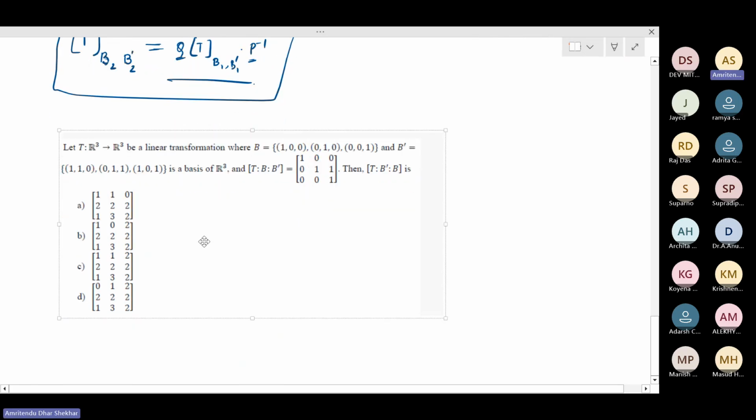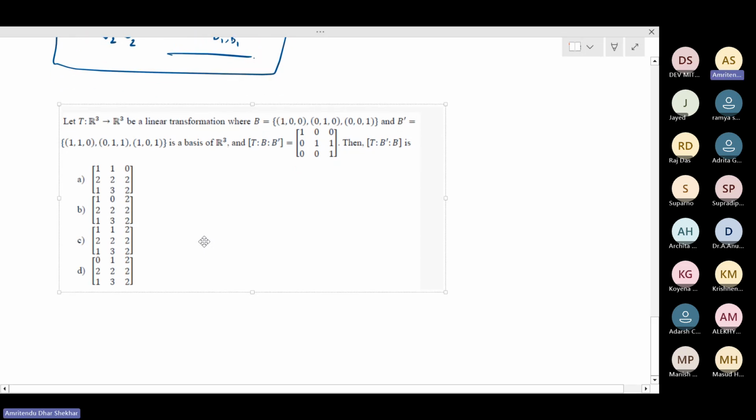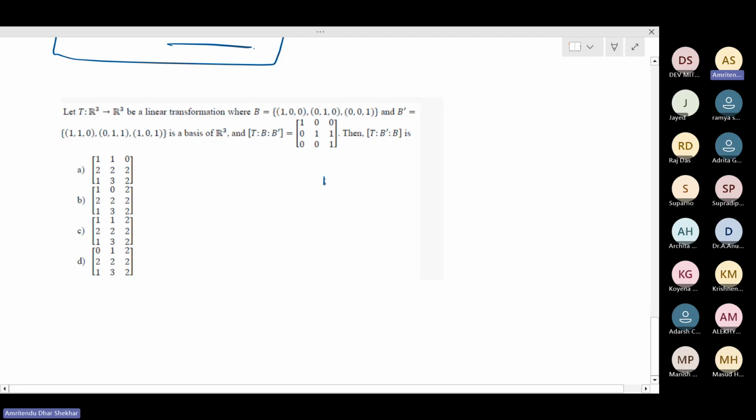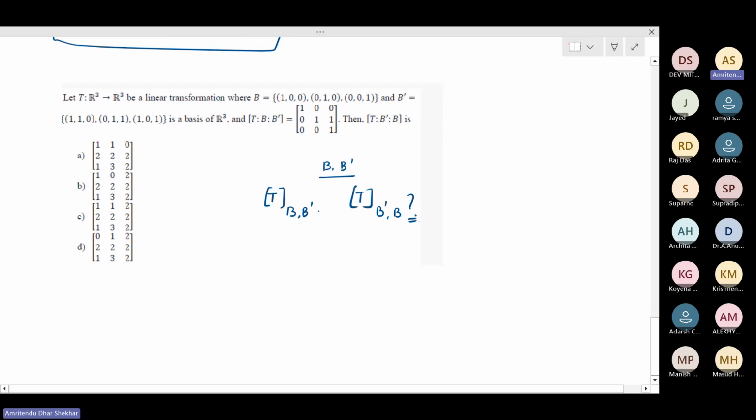Right. So what is given to us is two coordinate systems B and B prime, and we know the matrix corresponding to T with respect to B and B prime. Now the question is, what is this T with respect to B prime comma B? Okay.